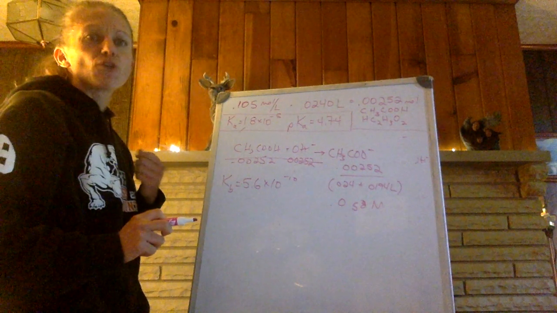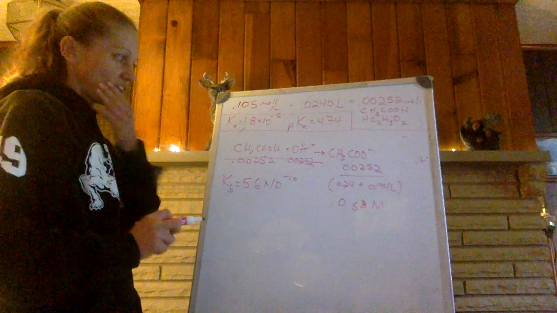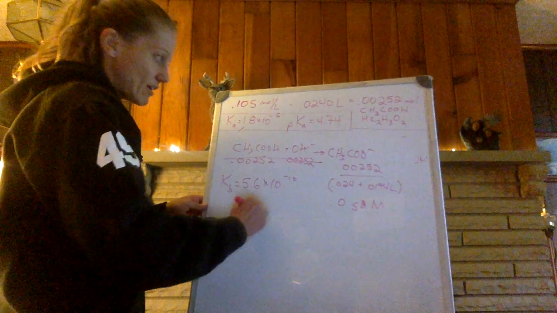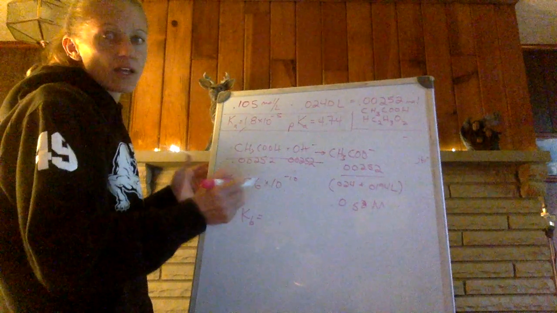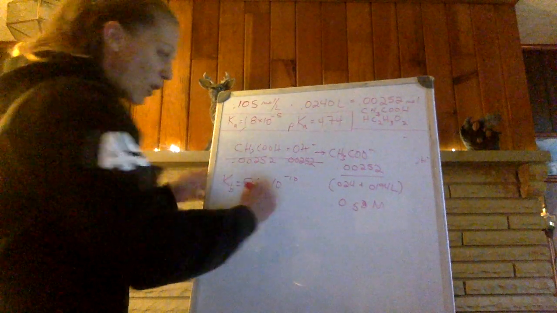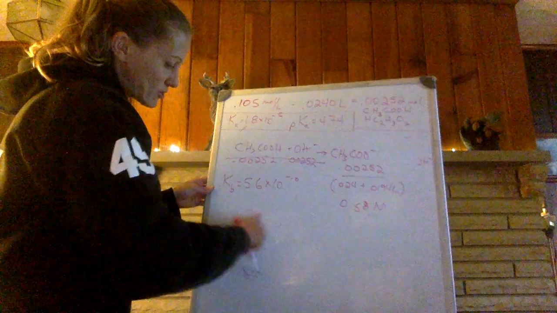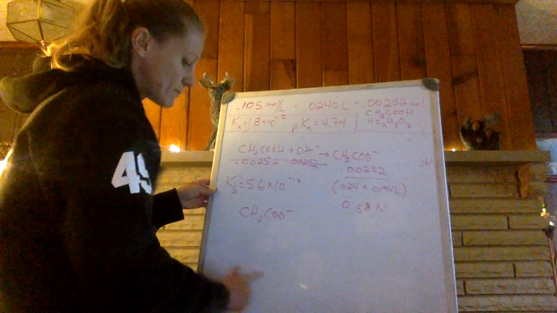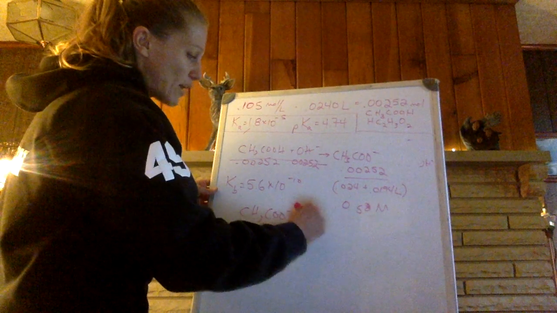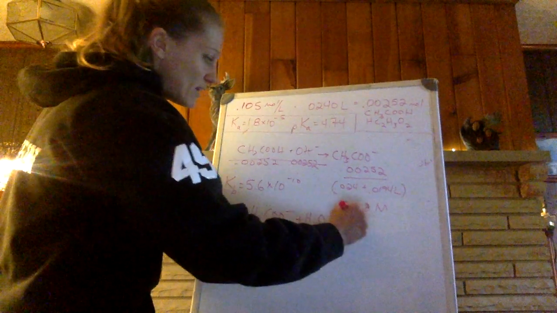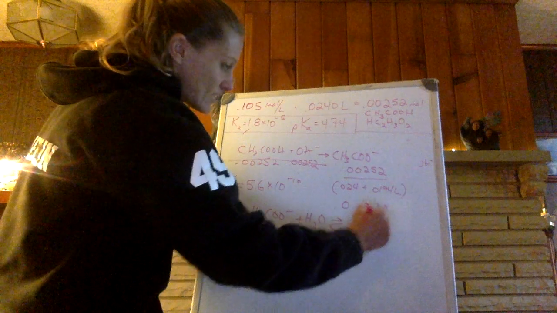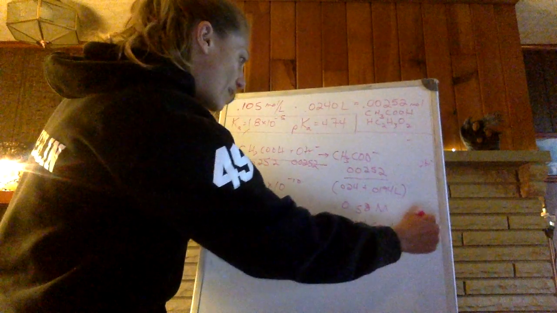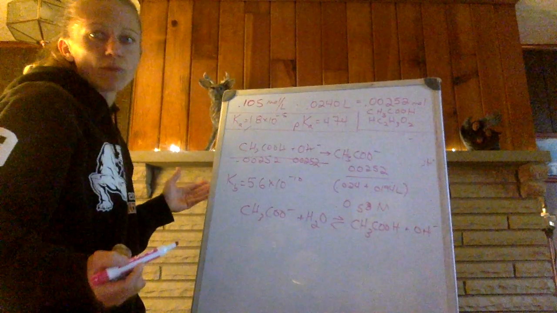It's the same thing as your first calculation then. I'm ignoring x. So Kb is going to be from here. But what we're looking at, let's put this in first, CH3COO minus plus H2O is going to give me, back to this acid, CH3COOH, plus OH minus. We're going back to there.